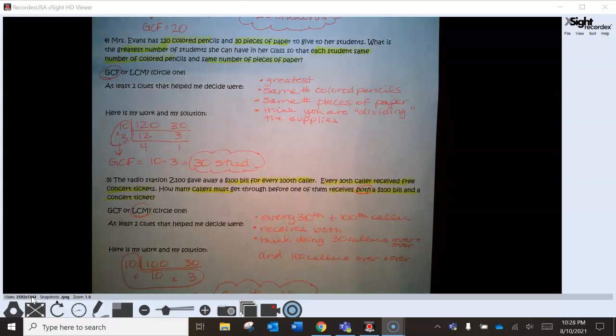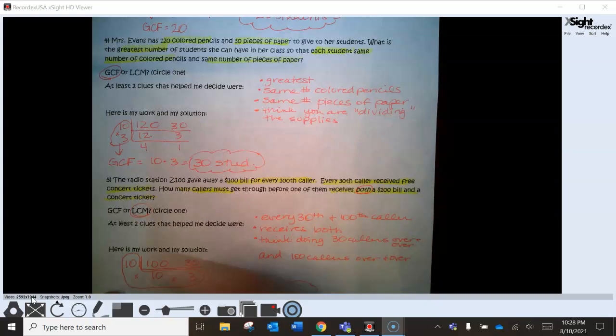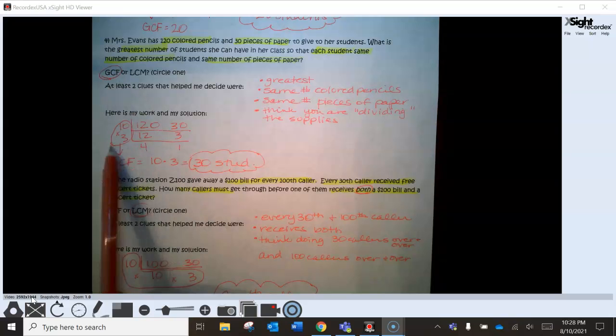So here, remember, think about what she's doing. Is she doing something over and over and over, or is she dividing something up? Since she is dividing the supplies up, we're looking for the factors, and we want the greatest number of students. So that's why I did the GCF, and that's how I got 30 students.